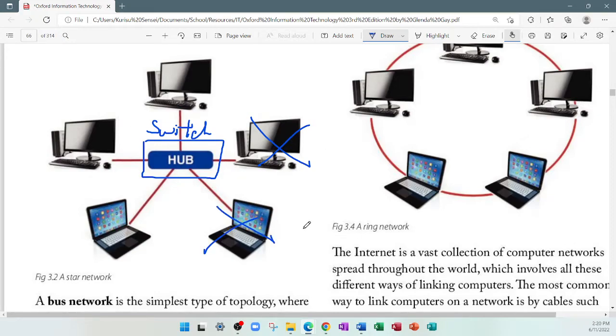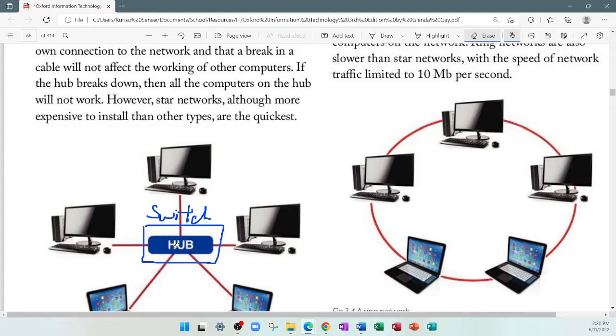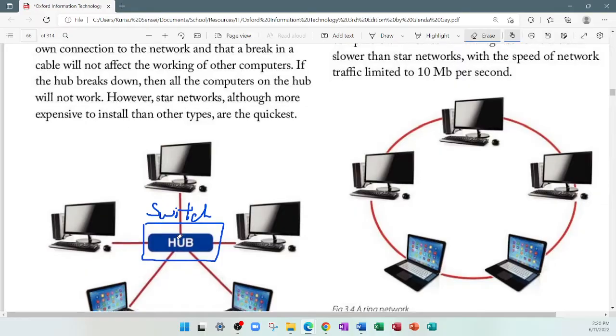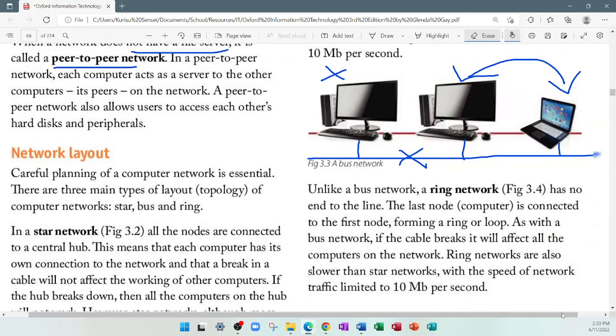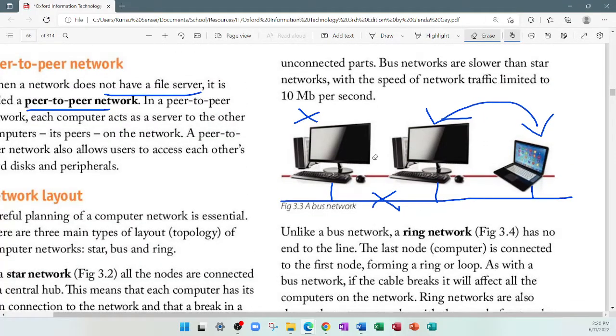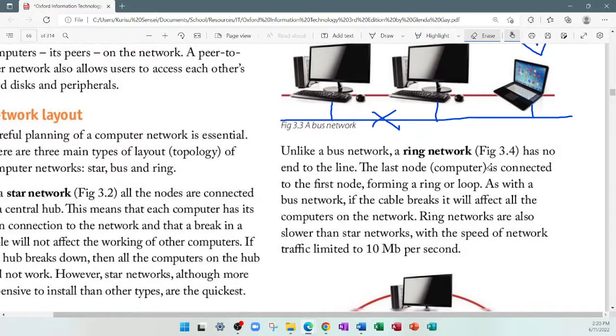Another device goes down, the network continues. So the star does not depend upon the devices. The main point of weakness is the central device, which is the switch. Similarly, for the bus, the main weakness is the cable. If any part of the cable breaks, that affects the connection between the devices.